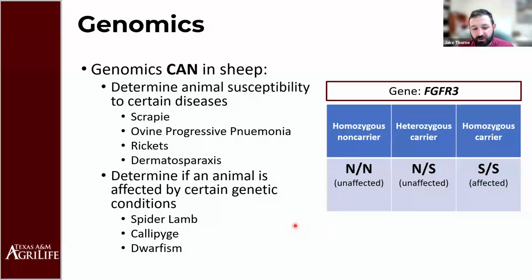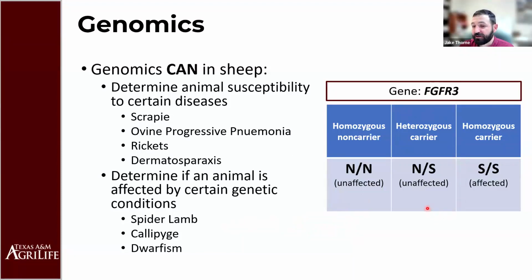For example, here, like spider lamb, I've got this table on the right that explains that in this particular gene, FGFR3, if a lamb is SS, it has 2 copies of a mutated version of this gene, so they're affected with spider syndrome and often don't survive.